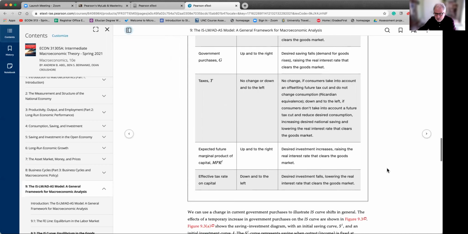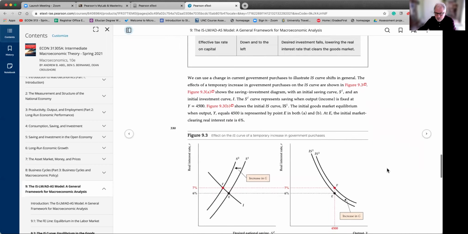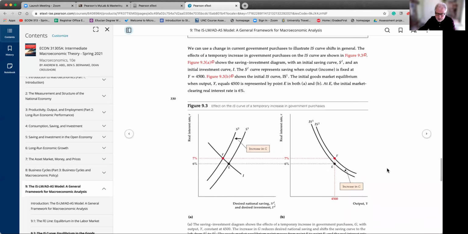So it's important to understand what shifts those curves and how that relates to shifts in the IS curve. Here's an example: an increase in government purchases that reduces national saving. It increases the real equilibrium interest rate for a given level of real GDP, a higher equilibrium real interest rate, that's a point on a new IS curve.